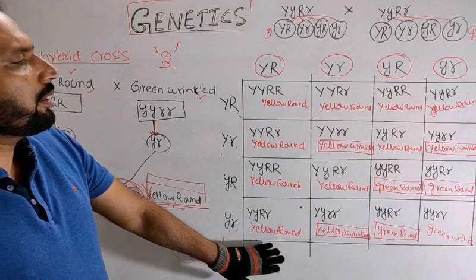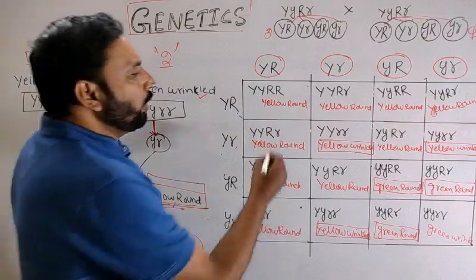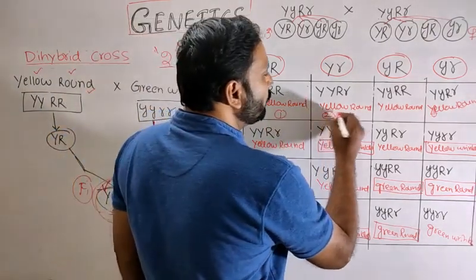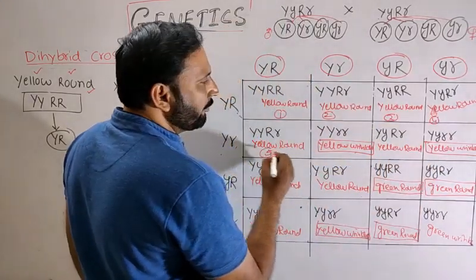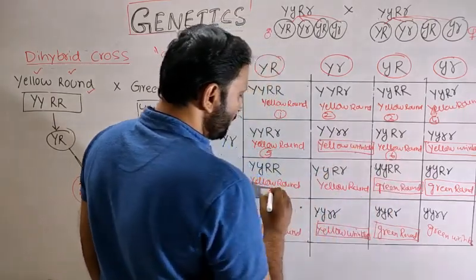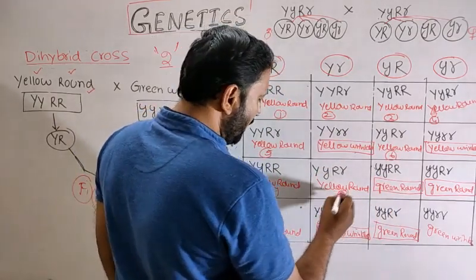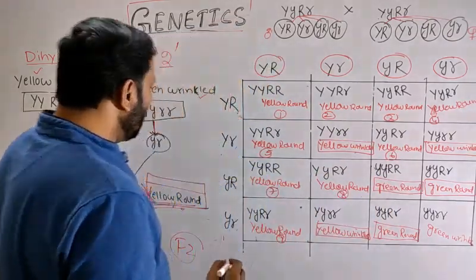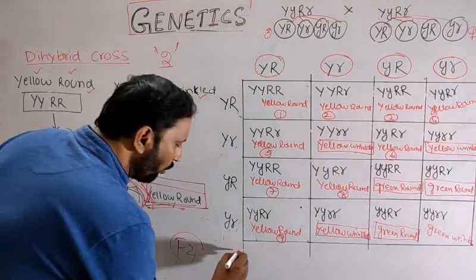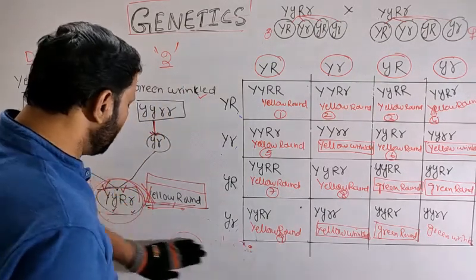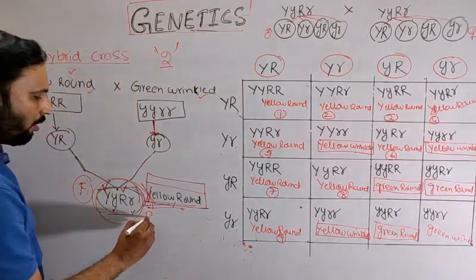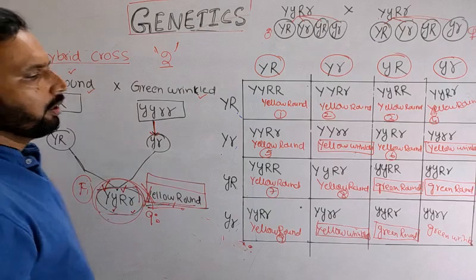It's a dihybrid cross. Out of 16, yellow round you observe: 1, 2, 3, 4, 5, 6, 7, 8, 9. Nine are yellow round.